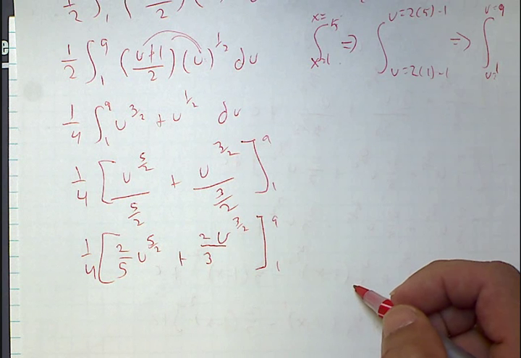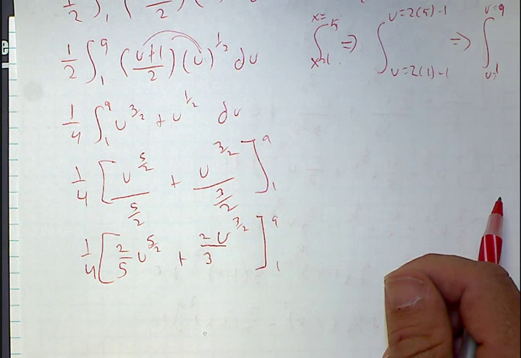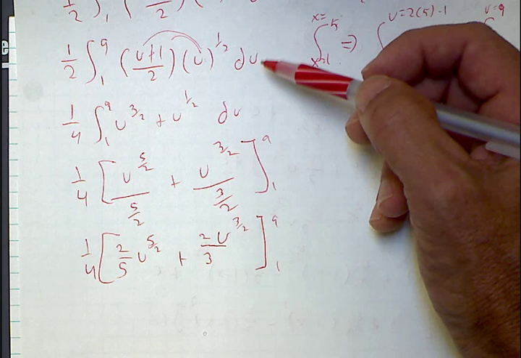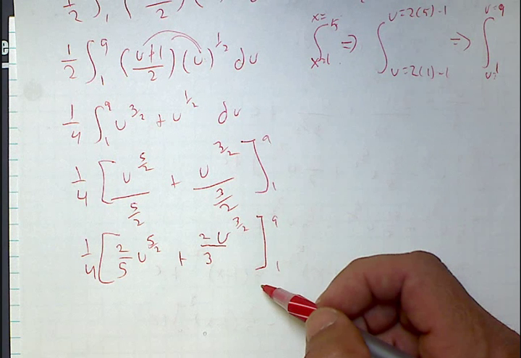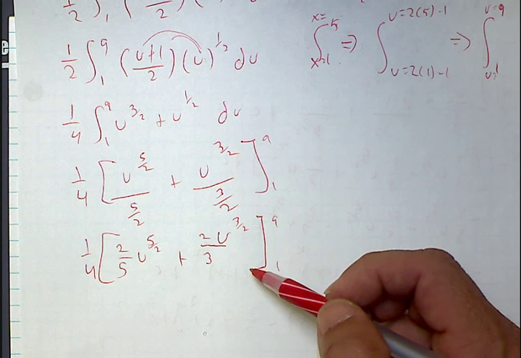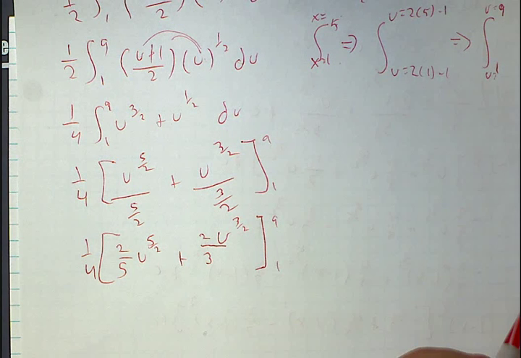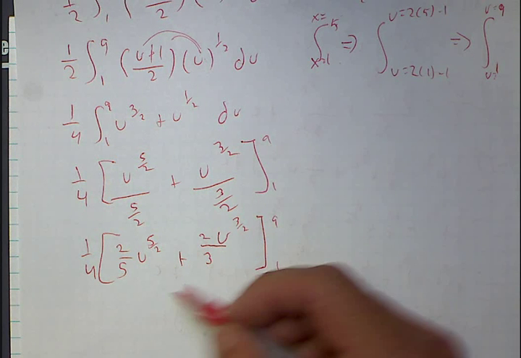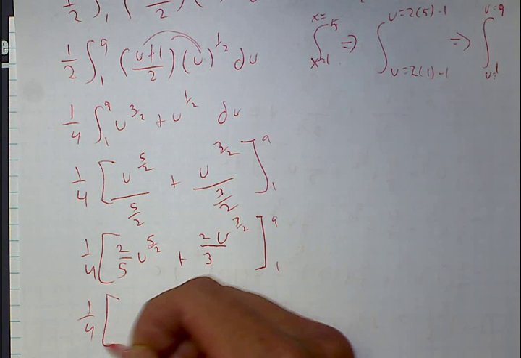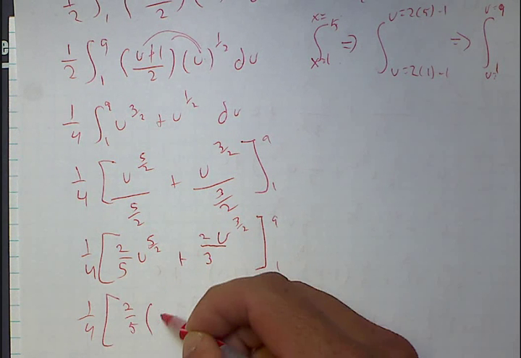All right. So what I've got going on here then, make sure we don't mess anything up. I'm going to plug in 9 and do my math, and I'm going to plug in 1 and do my math. And so I'm going to have 1/4 times 2/5 times 9.